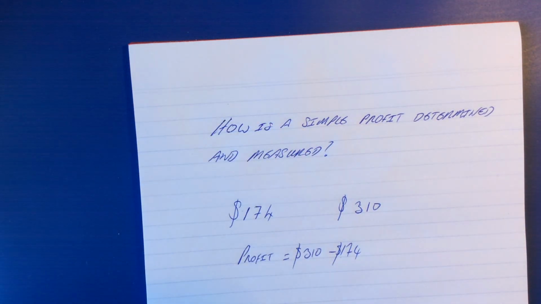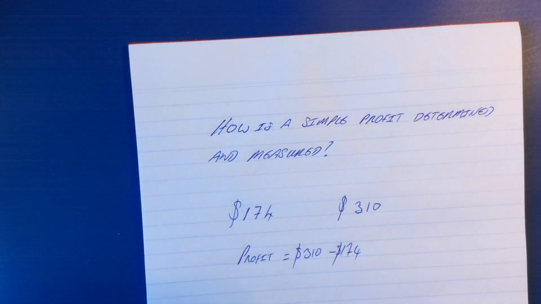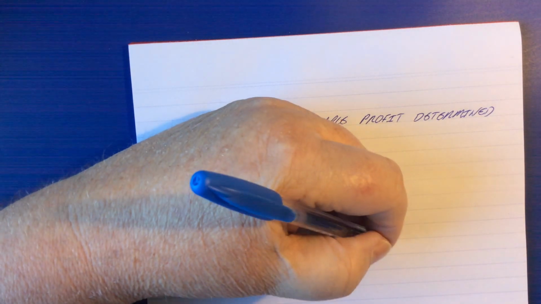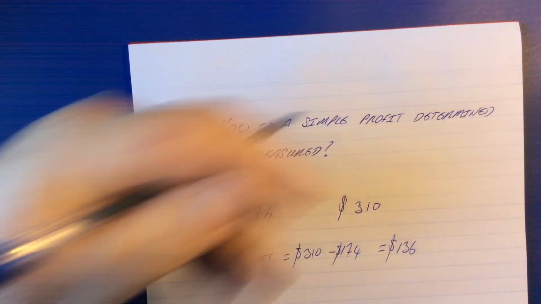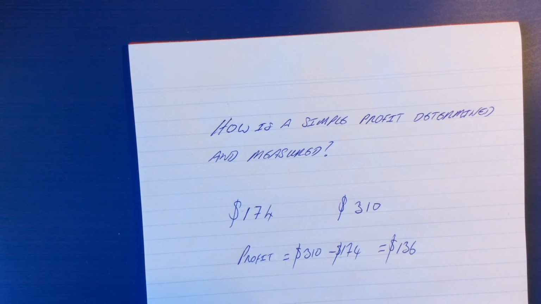And for this, we don't need anything more complex than this. So 310 minus 174. Okay, we have a profit of $136.